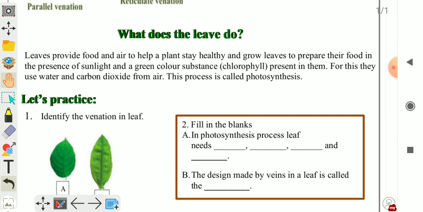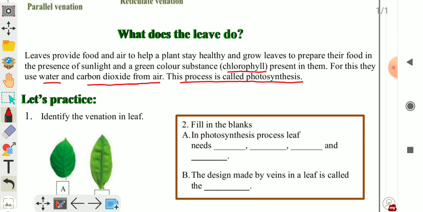So, what is the name of the green pigment present in the leaves? The name of the green pigment is chlorophyll. So, the green pigment chlorophyll is present in the leaves and in the presence of sunlight, by using water and carbon dioxide, leaves prepare their food and this process is known as photosynthesis.